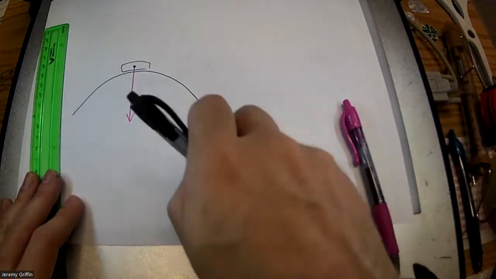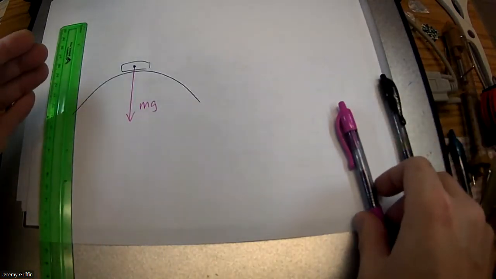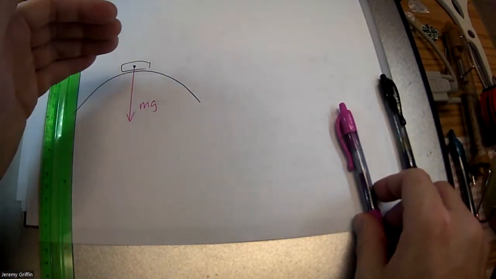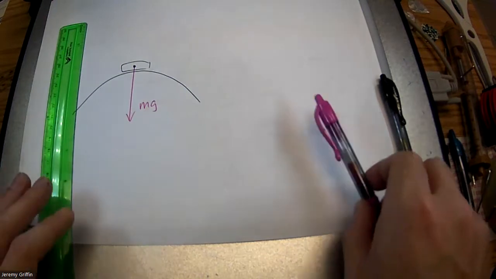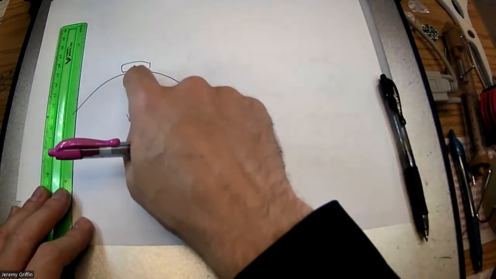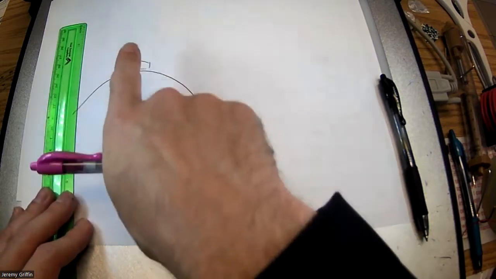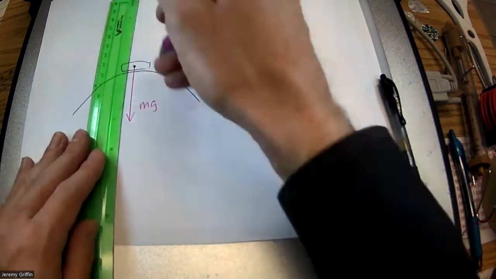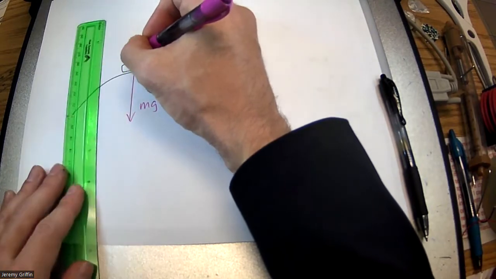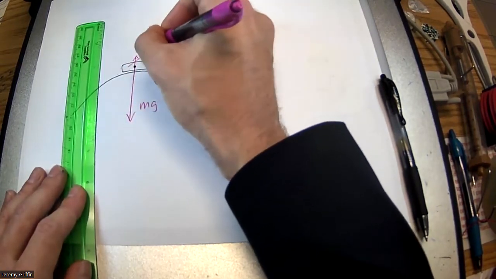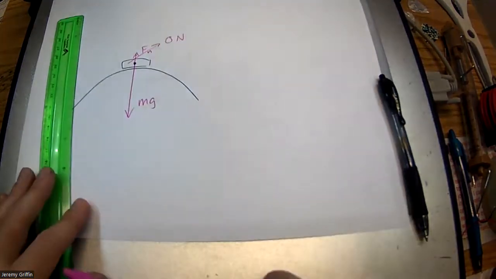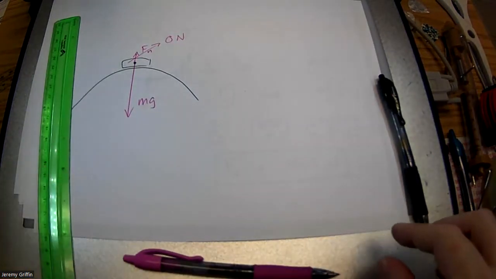But if it's going at just a speed where it's about to fly off the track, where it just barely stays on, then what does the normal force approach? Does the normal force approach zero? I think it does, right? The normal force is going to get less and less until it eventually just goes to 0 newtons. And right at that point, that was it.